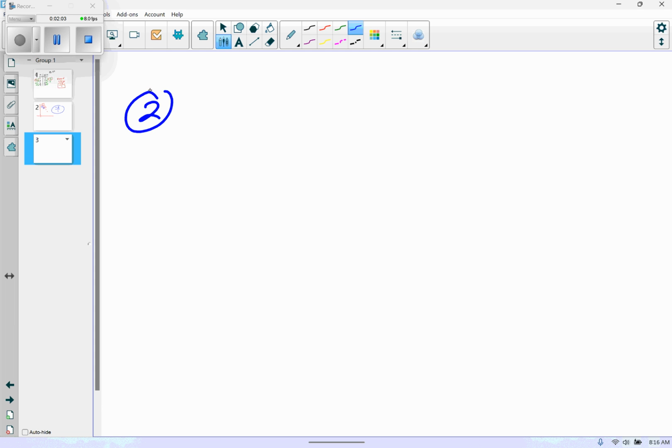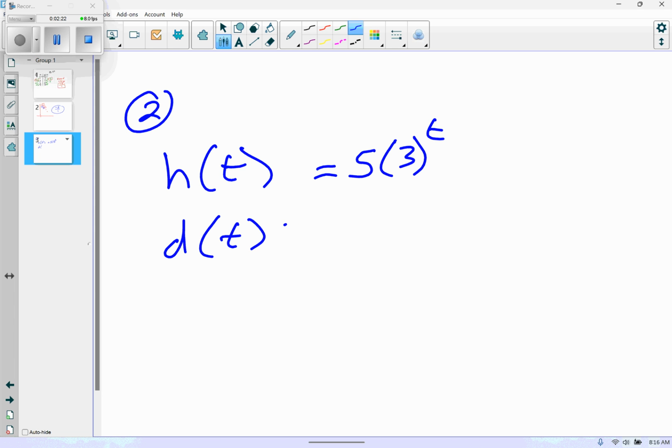Problem number 2. h of t is equal to 5 times 3 raised to the t, and d of t is equal to 7 minus 9 times t minus 1.